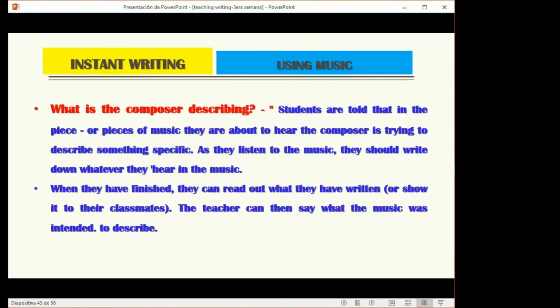So this kind of music, instrumental music, most of it tries to describe a situation, some feelings or emotions. Here you're asking students to guess, to identify what the composer wants to describe. And then the teacher checks their answers. Then at the end, the teacher can say what the music is intended to describe.